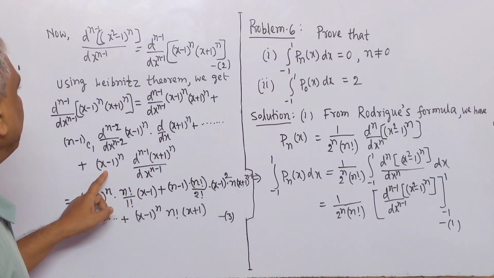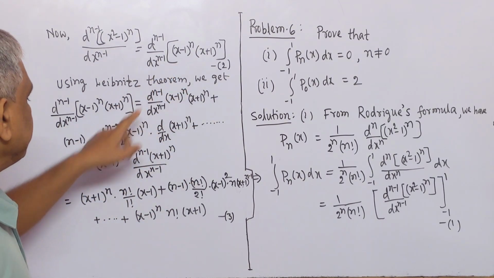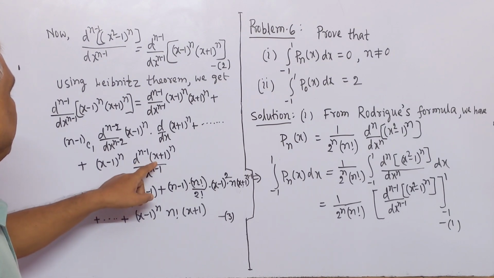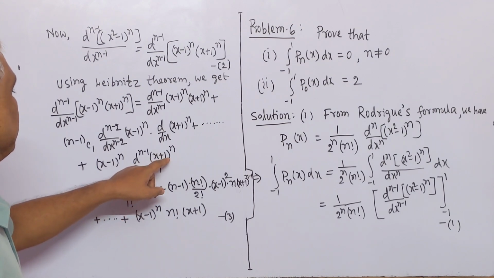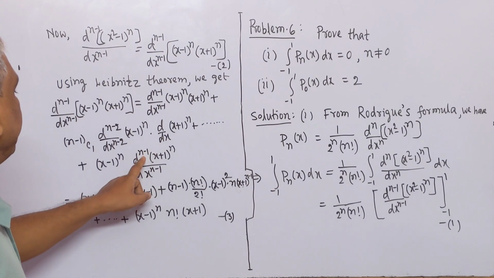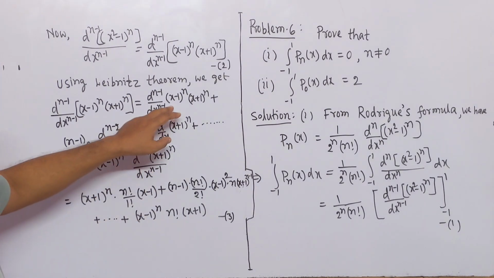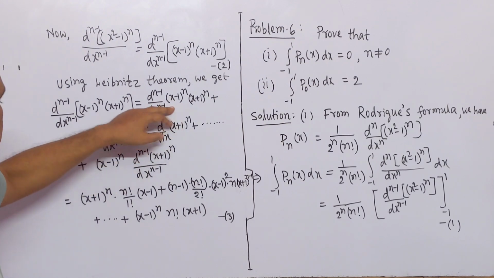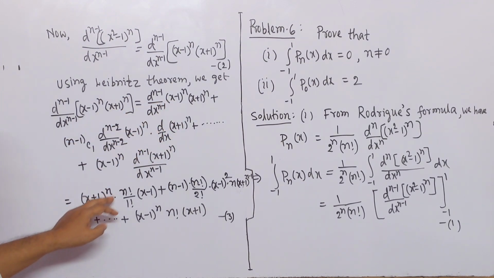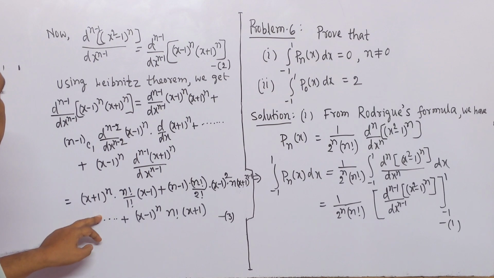Lastly, first function multiplied by differentiation of second function up to n minus 1 order, and we get this means (x plus 1) to the power n.